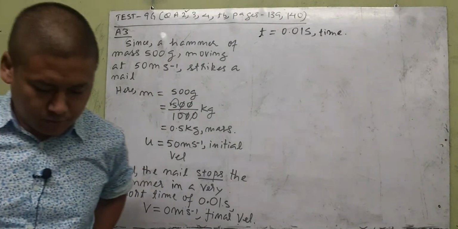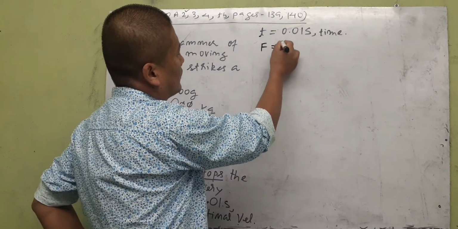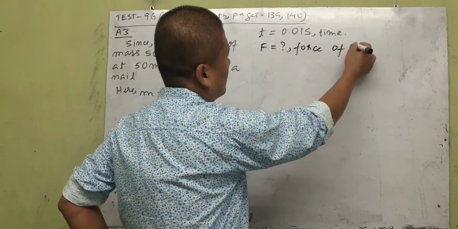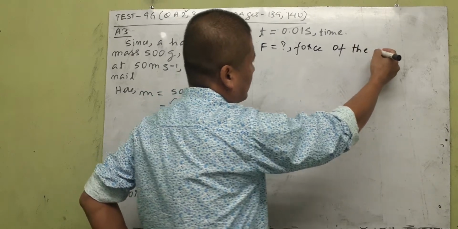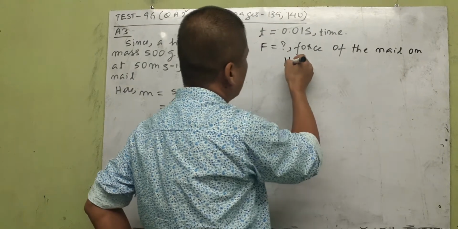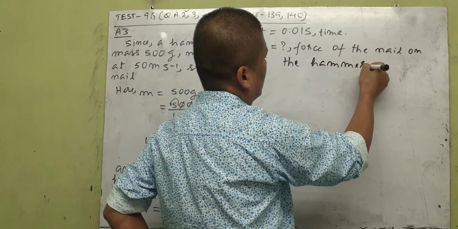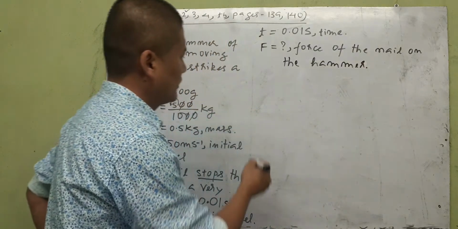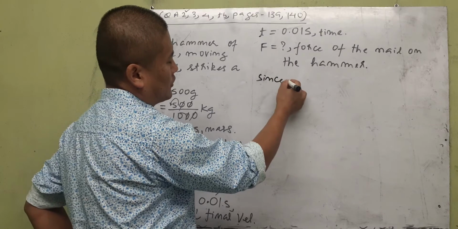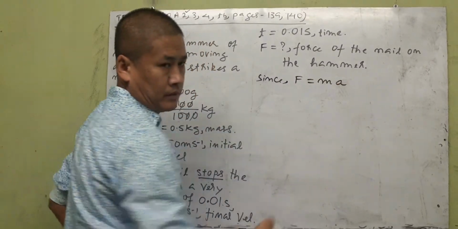What is the question asking? What is the force of the nail on the hammer? So F equal to question mark is the force of the nail on the hammer. So here now you see, we know by second law of motion F equal to m into a, right?